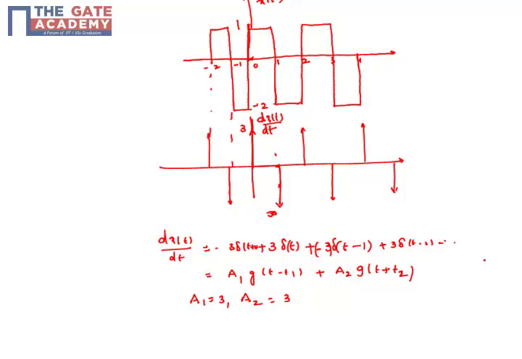So one magnitude is plus 3, the other magnitude will be minus 3. It is a combination of plus 3 and minus 3 signals. So a1 is 3 and a2 is minus 3. What is asked? The value of a1 plus a2. So this is nothing but 3 minus 3. So its value is 0.